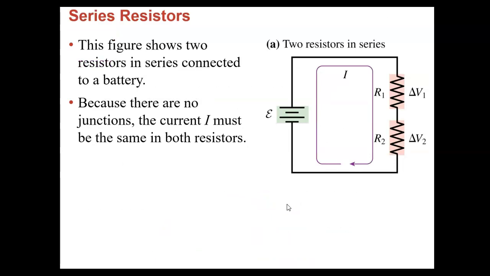Okay, so we have two resistors connected in series. There are no junctions, so the current I must again be the same for each resistor. Talk again about the potential difference decreasing across these. Adding up the potential differences, they're going to be the same as the total EMF of the battery.